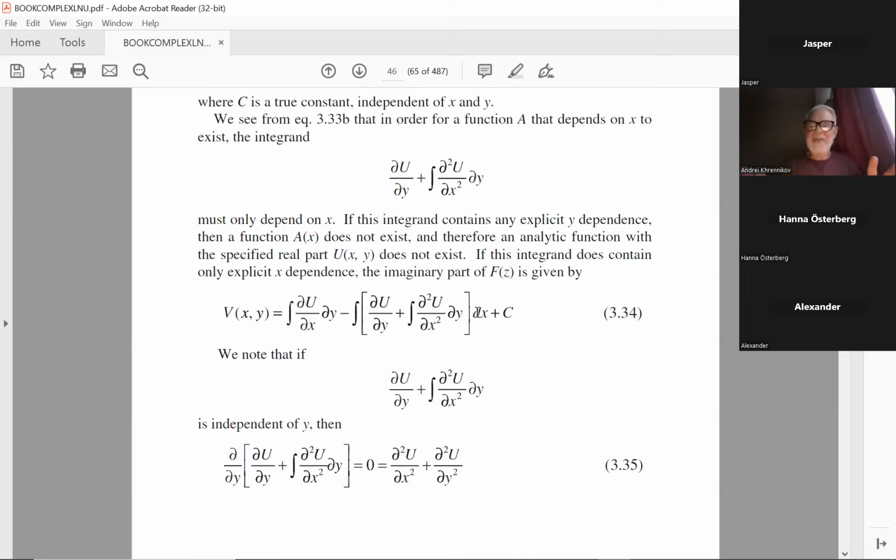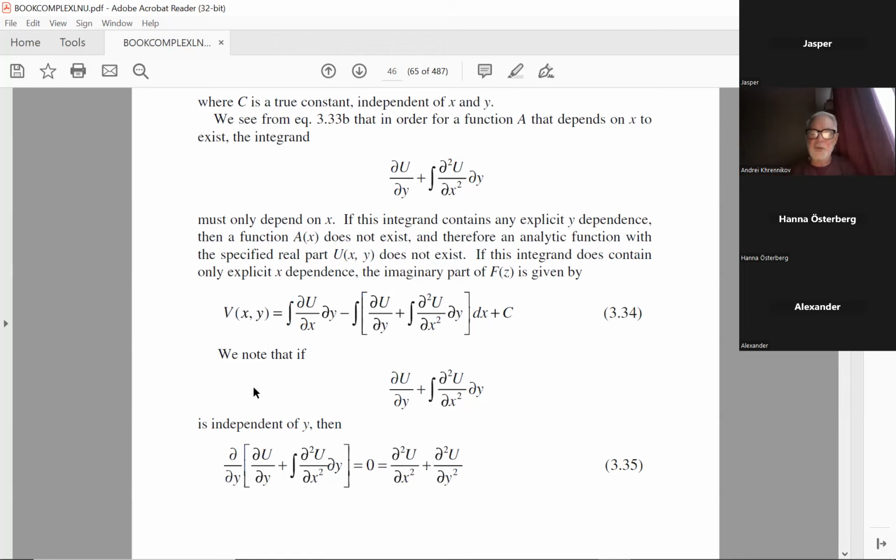In this way, it never works, but how does it work sometimes? You have just a function u, any function u of two variables. We don't know anything about analyticity and so on, and we want to construct an analytic function such that u is its real part. Then we do it this way. We integrate, find v, and then if you go back, these functions are connected by the Cauchy-Riemann condition.